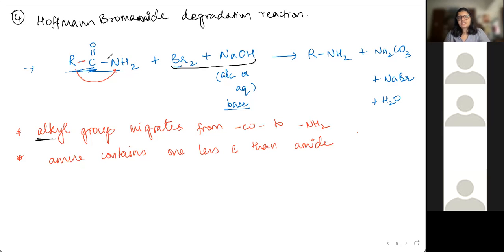That makes it really unstable, so the alkyl group migrates from the C double bond O to the NH2. That's the start of the amine being formed. After that, there are 2-3 rounds of hydrolysis where C double bond O is gotten rid of and hydrogen is introduced back again, and you finally end up with your amine.